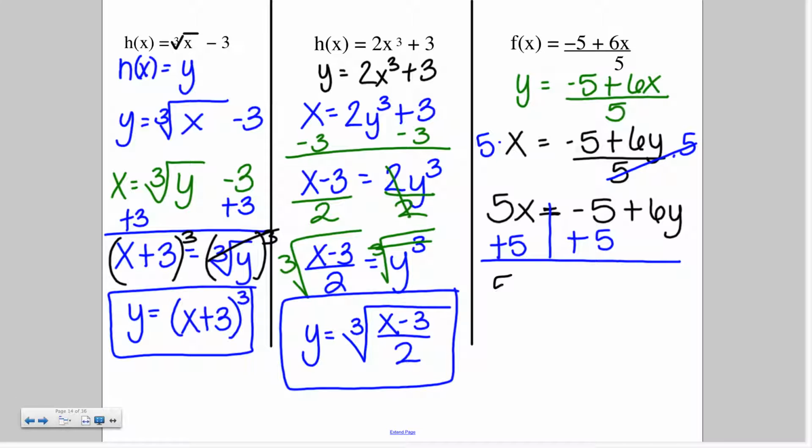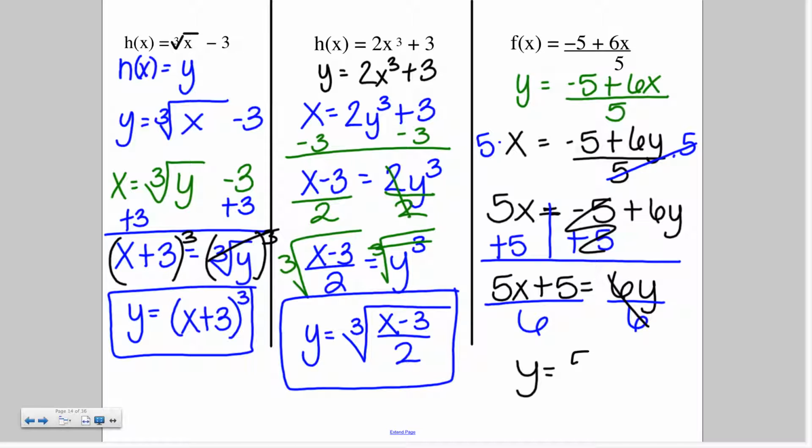So that's going to give us 5x plus 5 is equal to 6y. Then our last step is to get rid of that 6, so we need to divide by 6. And that's going to cancel, and we have y equal to 5x plus 5 over 6. And that is our answer.